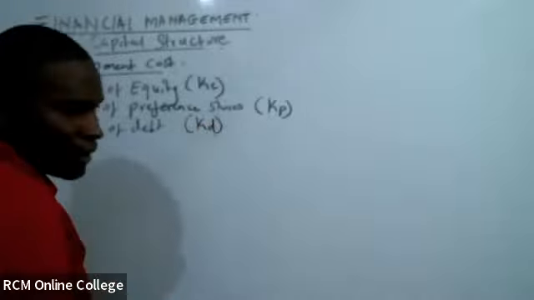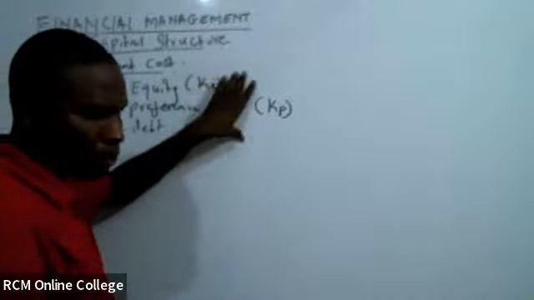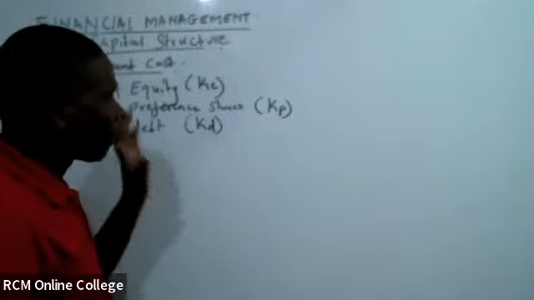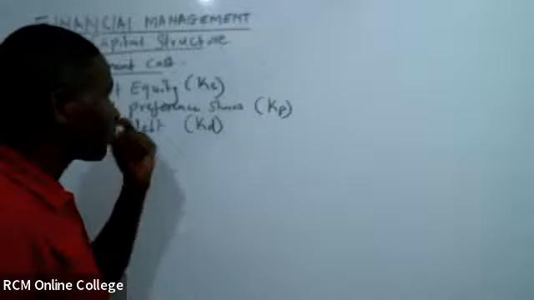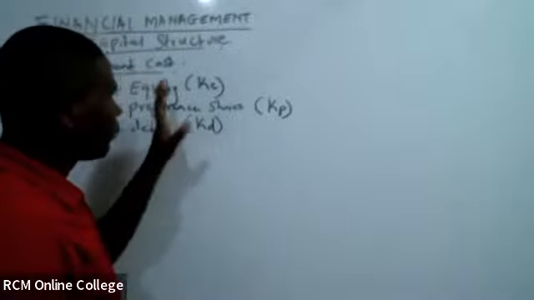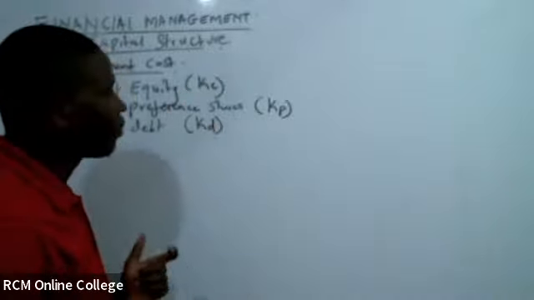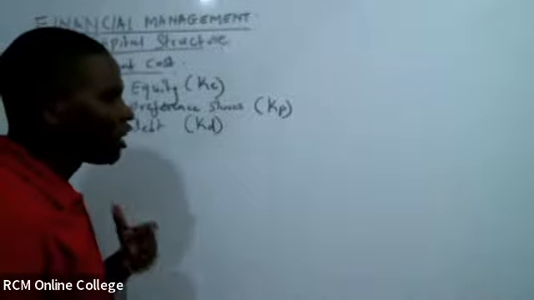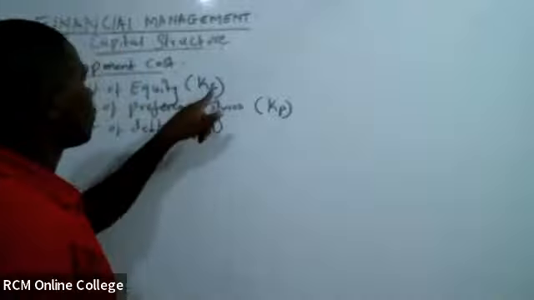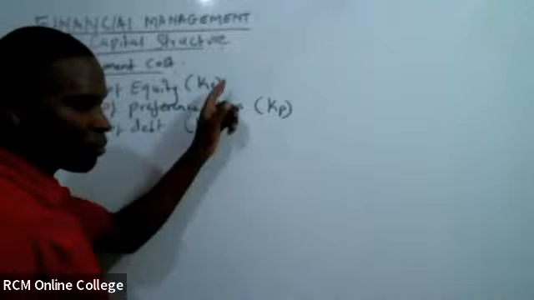So class, what is important is to know how to compute the component cost. Once you know the component cost, together with the weight, you will also be required to come up with the weight of these sources. Assume you have the cost of equity and the weight of equity.